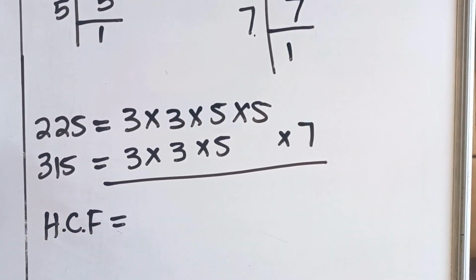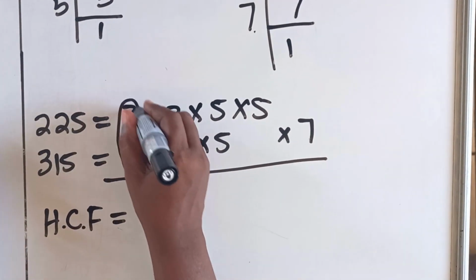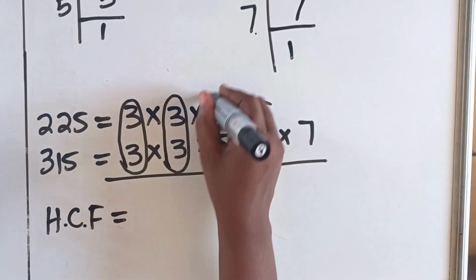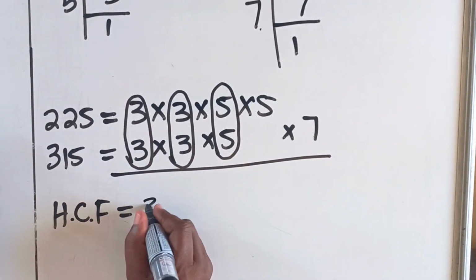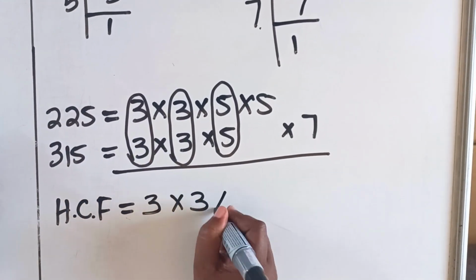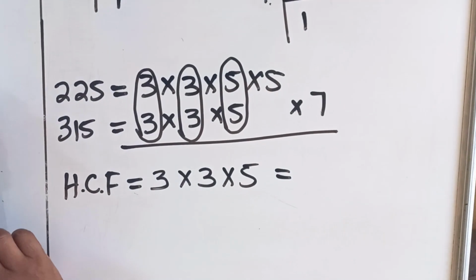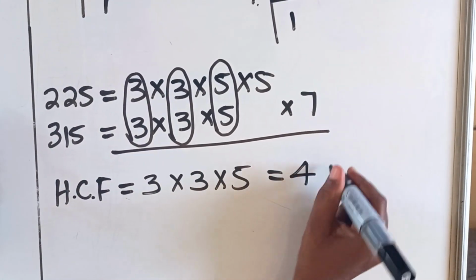Then your highest common factor, you take one of them where they are common. It has to be common. So it's 3 times 3 times 5. My highest common factor is 3 times 3 times 5, which is 45.